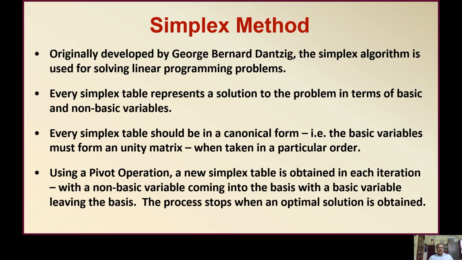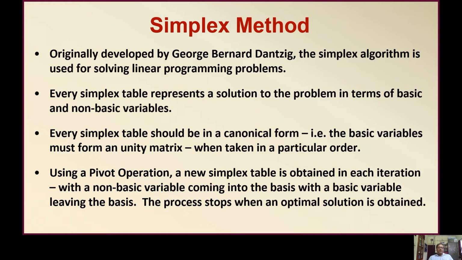Another operation is how do I go from one simplex table to the next simplex table by a pivot operation. What this pivot operation does is convert one canonical form to another canonical form. If I have one basic solution represented by a particular simplex table, and that is not the optimal solution, we have to exchange variables.